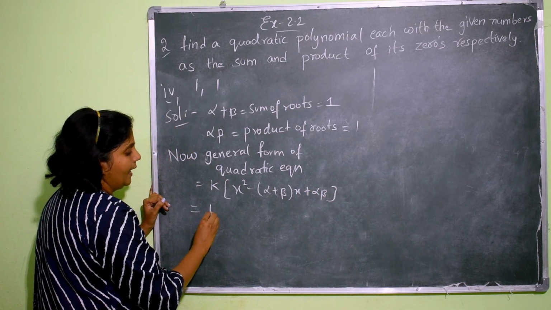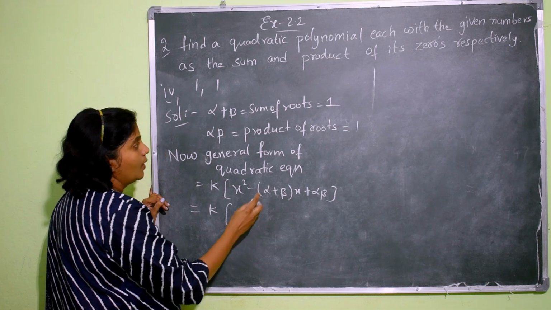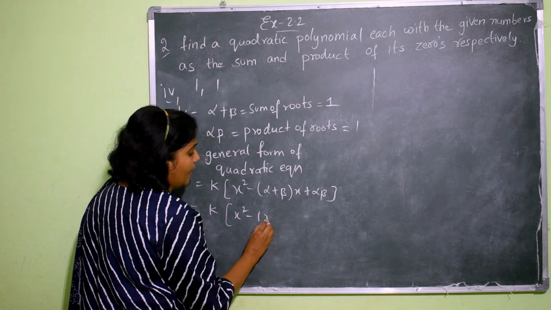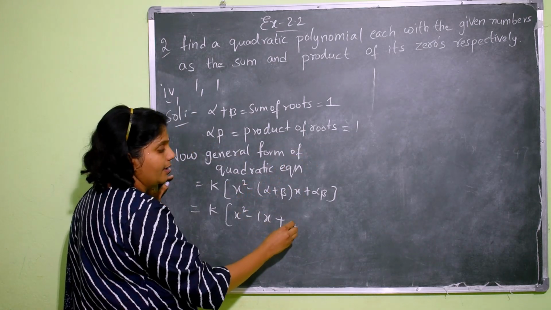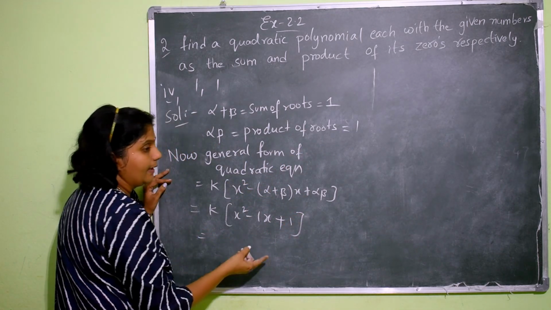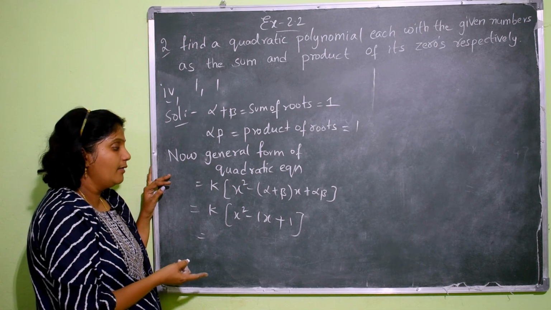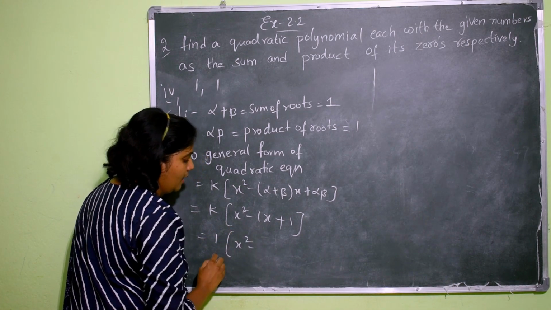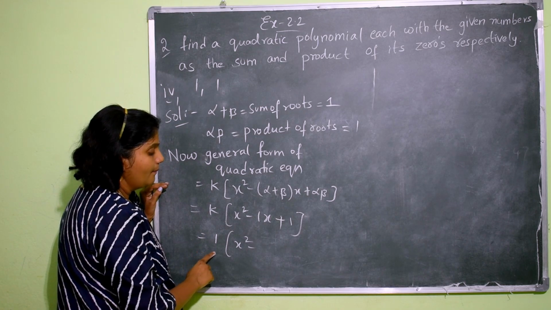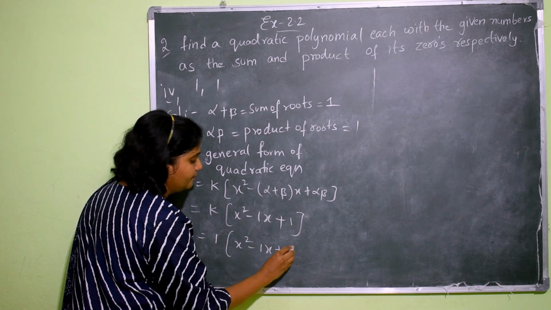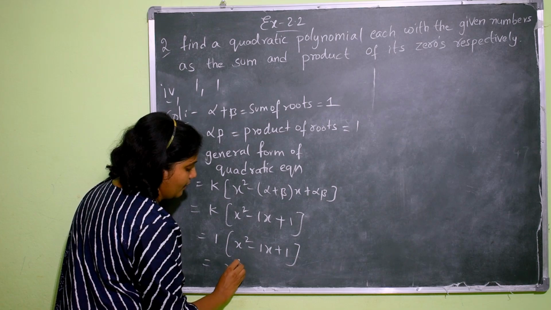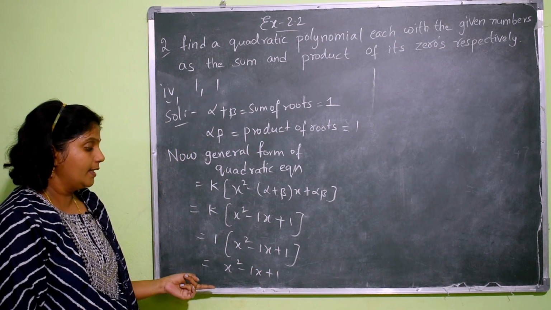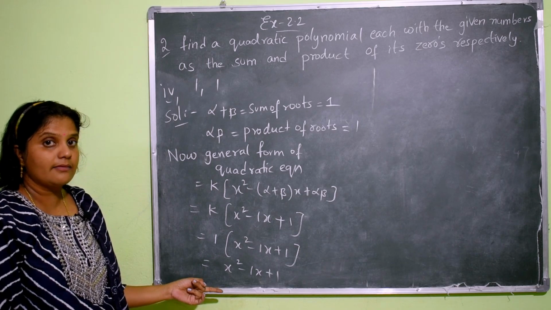So k into x square minus, what is the alpha plus beta value given here? 1. 1 into x plus, what is alpha beta value given? 1. So no denominator is there. We can write k value as 1. So 1 into x square minus 1x plus 1. So that is x square minus 1x plus 1. So what is the quadratic equation we have got here? x square minus 1x plus 1.